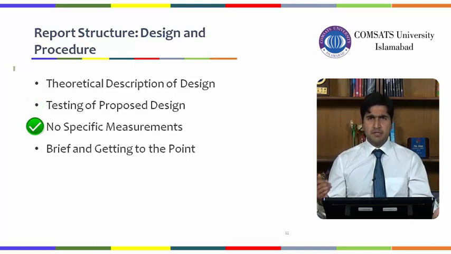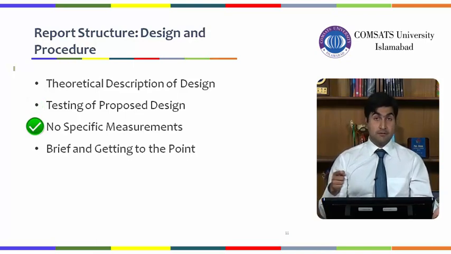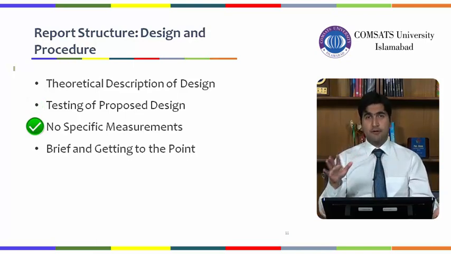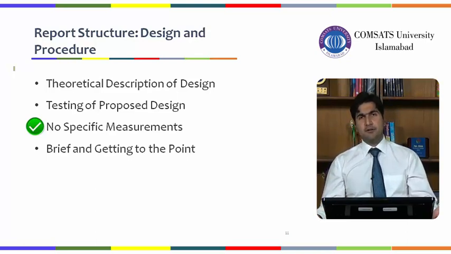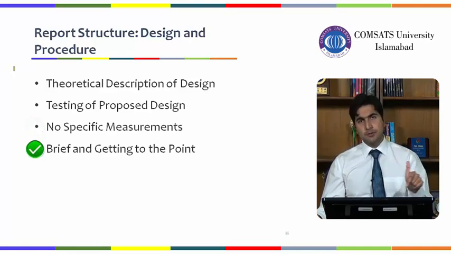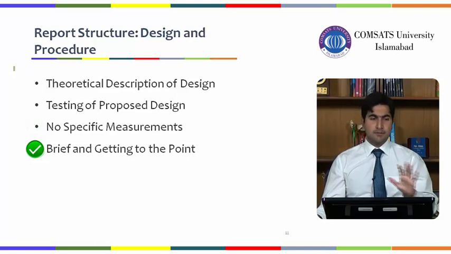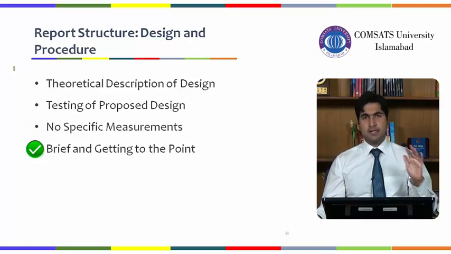No specific measurements when you are giving reference of those findings or those applications which have been done before you, and you try to keep it brief and to the point, because this brevity is going to make you succeed, because you are providing everything and in a short way.